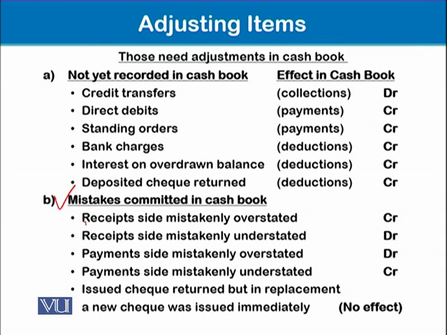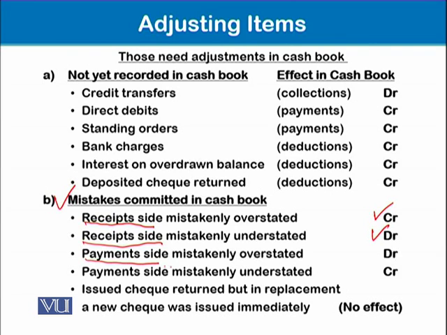Receipt side of the cash book means debit side. It will be rectified by giving credit. Then receipt side mistakenly understated means we put less in the debit side, so we will make a further debit entry.